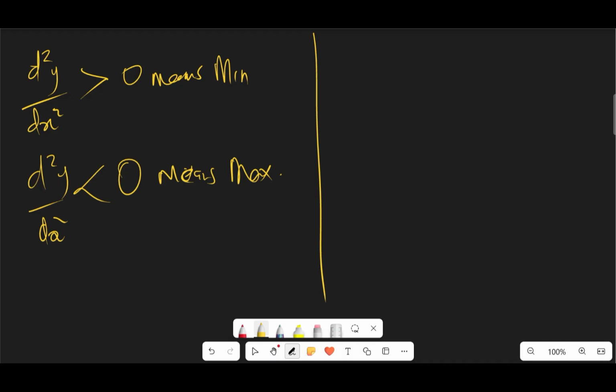So what we are going to do is that first we'll find dy dx for the equation. After that, we will equate dy dx equal to 0 and find the values of x. So we find the values of x, then we would come and find d square y over dx square. That's the second derivative. After that, we put in the values of x that we found inside. Then we get our maximum and our minimum.